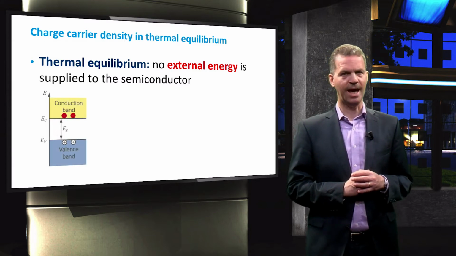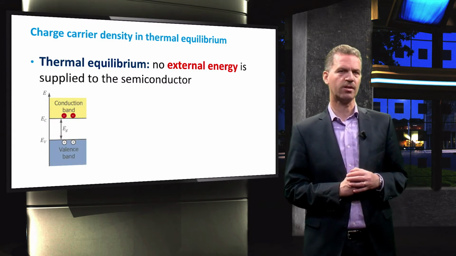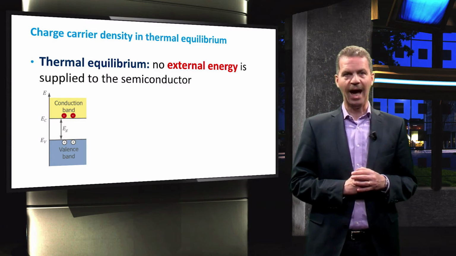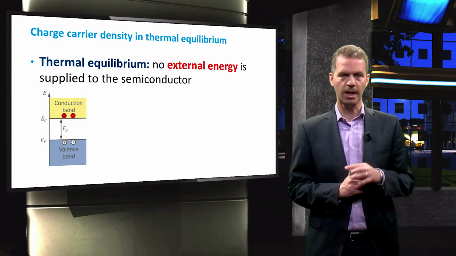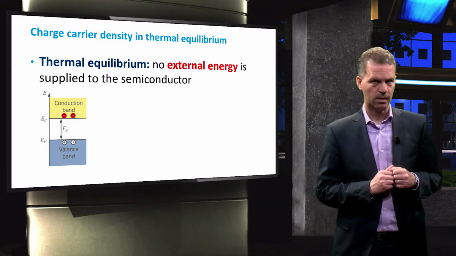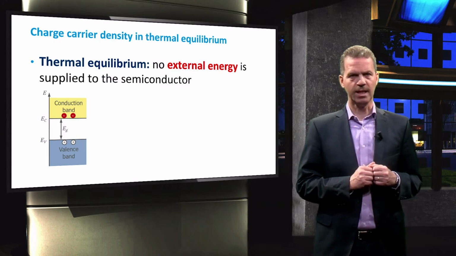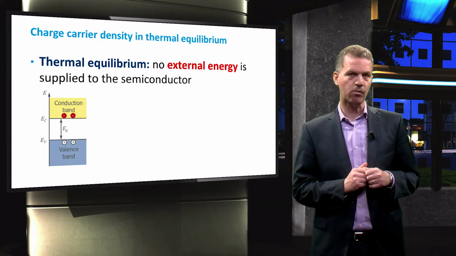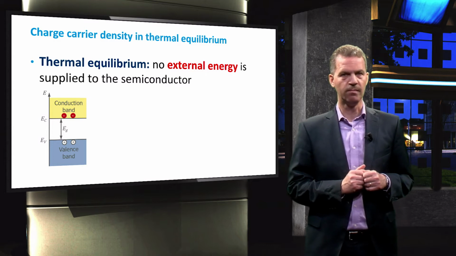Here you see the energy band diagram of a semiconductor with the electronic energy in vertical direction and the position in the semiconductor in horizontal direction. In this diagram we distinguish the valence band EV and the conduction band EC, separated by the band gap EG.